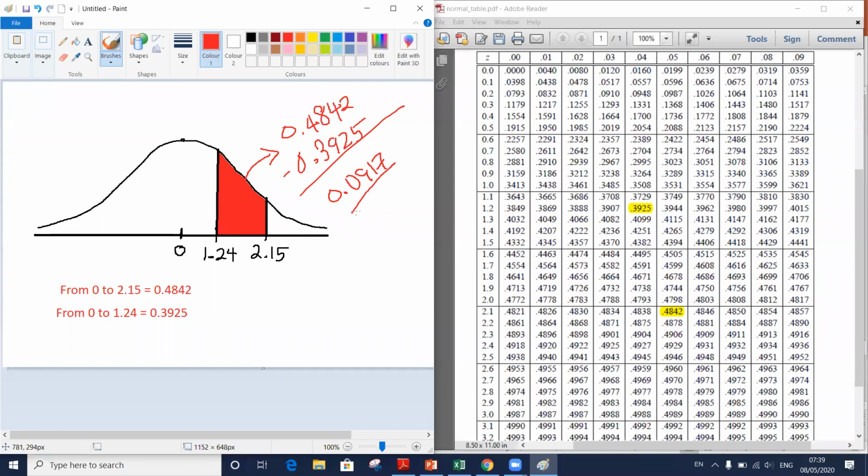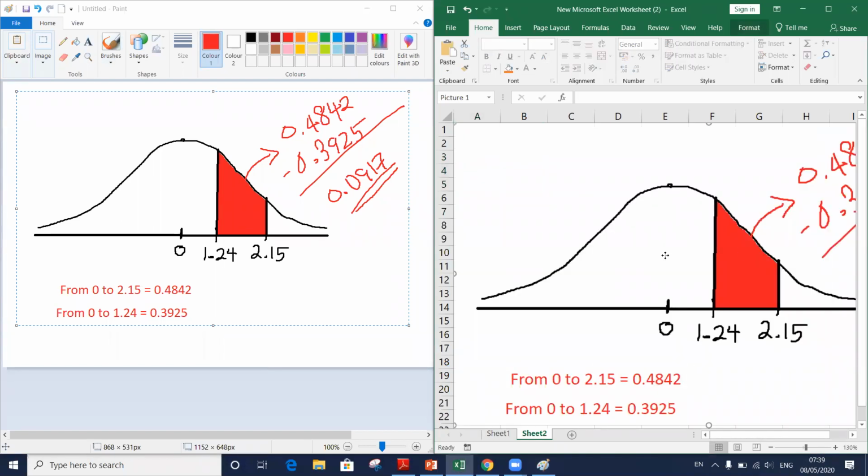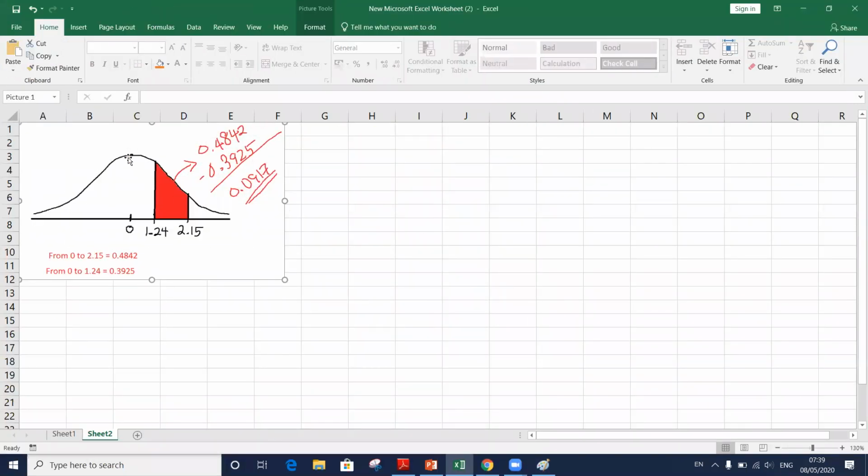This is the area between Z equals 2.15 and Z equals 1.24. This is the answer for part 1.